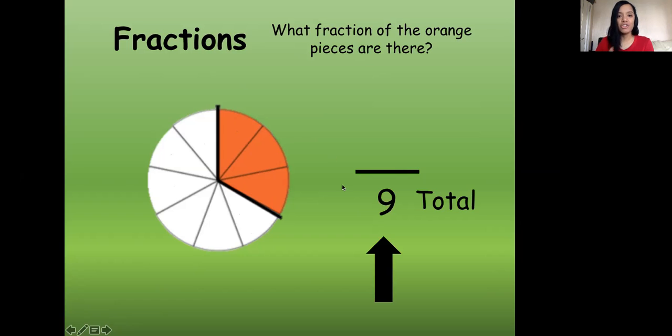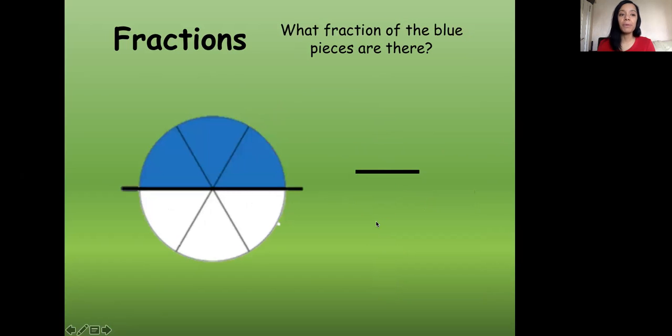I have 9 total pieces. Now, we need to find out the orange pieces. How many orange pieces are there? 1, 2, 3. Now we have 3 out of 9 pieces are orange. Okay, so our fraction would be 3/9. Well done. Let's keep practicing a little bit.